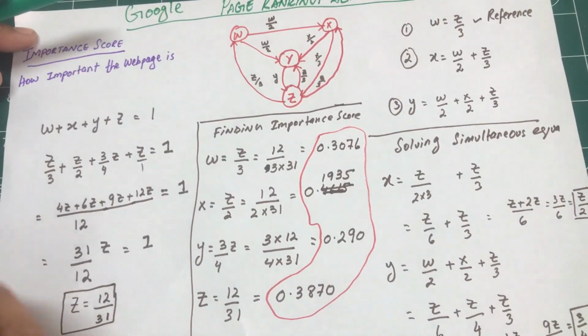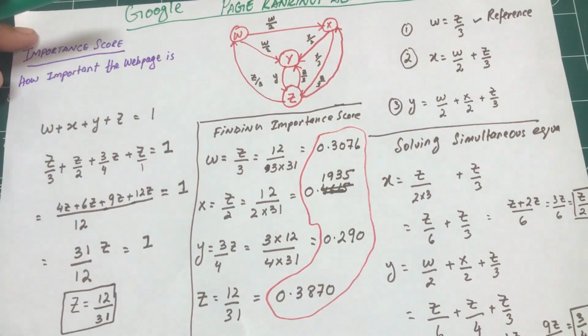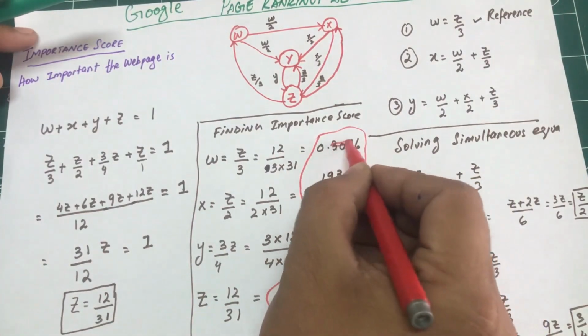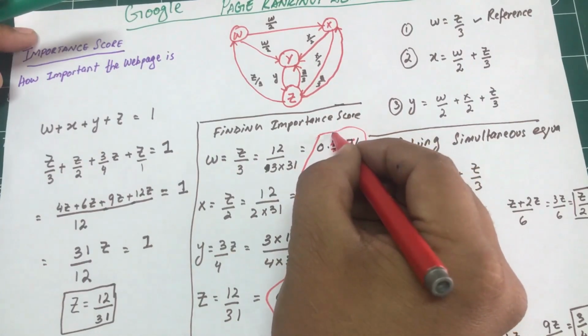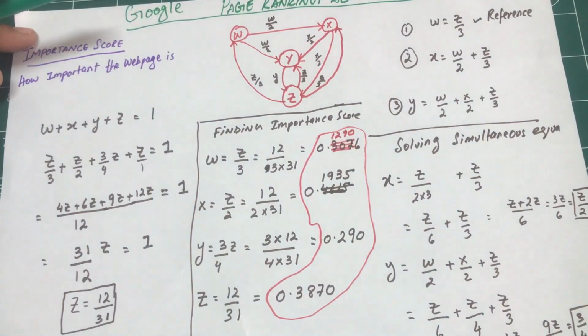Let me recalculate this, because when I add them up, they should all equal 1. So let's do this. Let me check this one, because I'm not sure. 12 divided by 3 times 31. So this is wrong. This should be 0.1290. Okay, let me check the second one then.